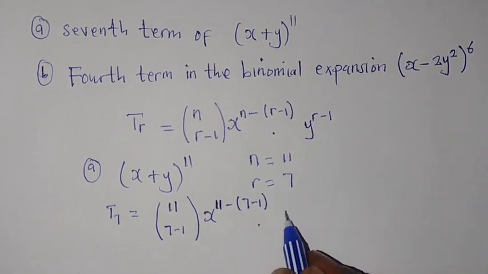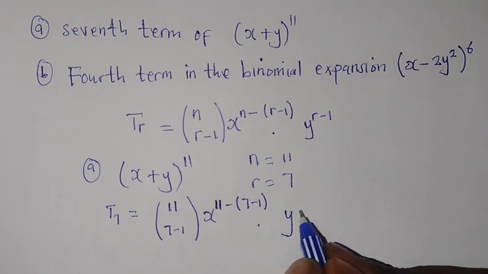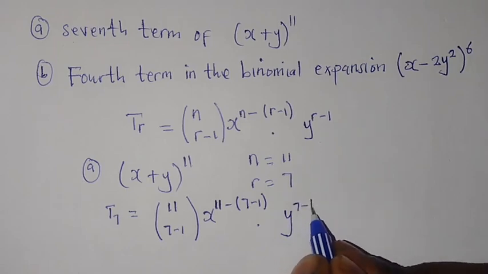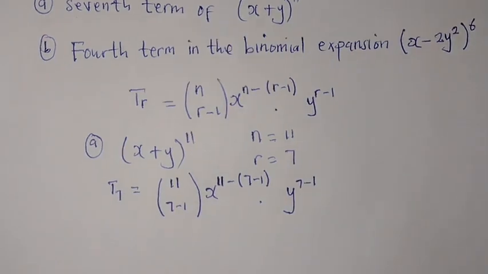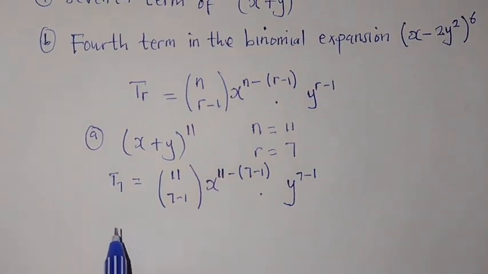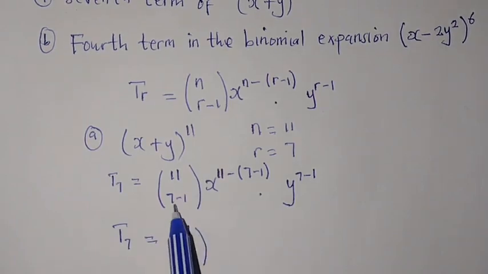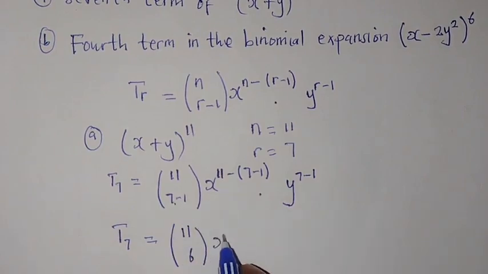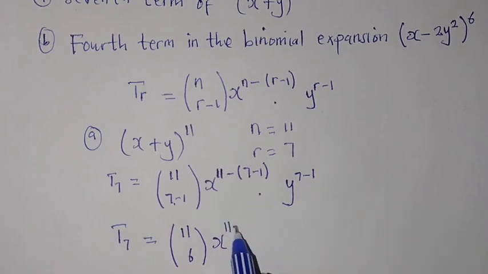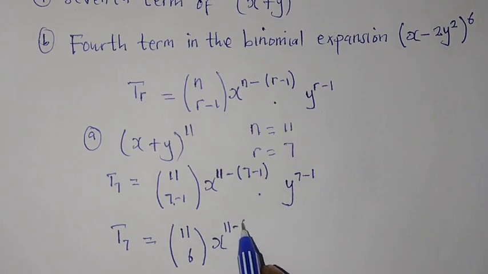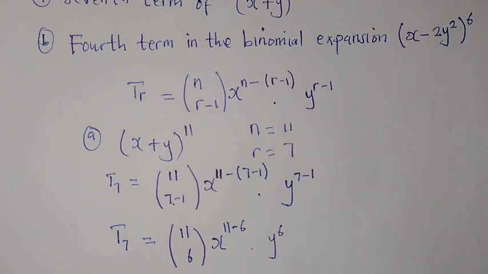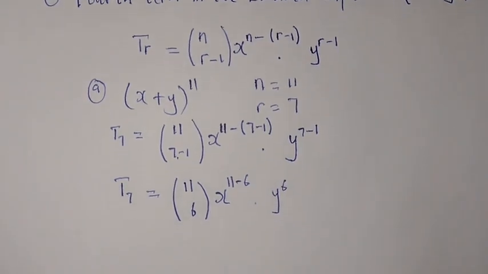Then times y raised to the power of 7 minus 1. I hope this is clear. Then term 7 is equal to 11 choose 6, because 7 minus 1 is 6, then x to the power 11 minus 6, multiplied by y to the power 6. So this is what you are going to get.